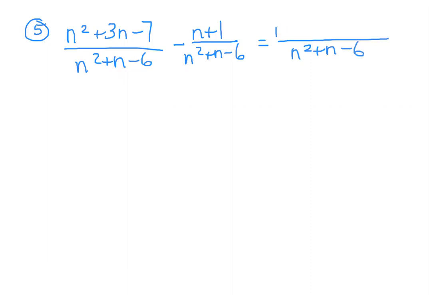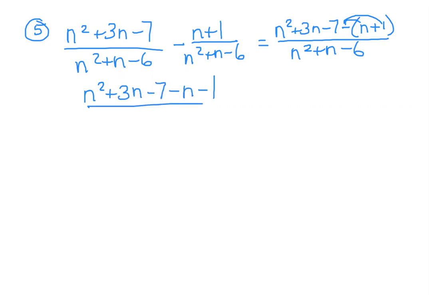In the numerator, we have n squared plus 3n minus 7 minus n plus 1 in parentheses. This negative has to go to both of those. So that becomes n squared plus 3n minus 7 minus n minus 1. And that simplifies to n squared plus 2n minus 8.